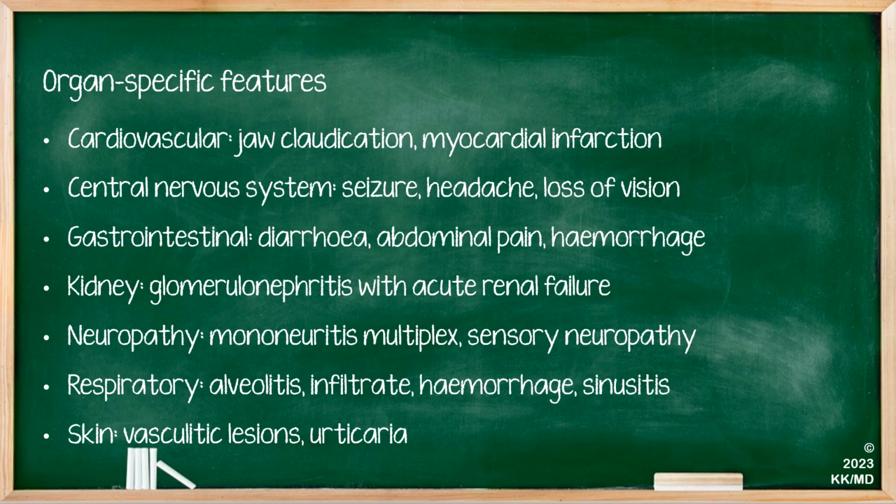And something which may be seen in several of these conditions, particularly the small vessel vasculitides, are a purpuric rash or vasculitic lesions on the skin. So quite wide-ranging, and specific organ involvement will be discussed for each episode pertaining to that particular type of vasculitis.